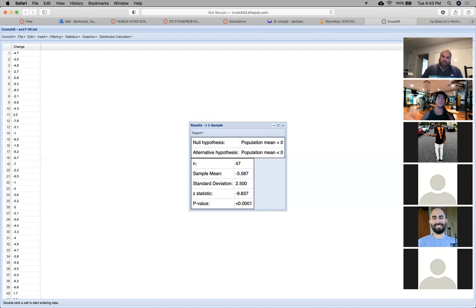Remember, the p-value is predicated under the assumption that the null hypothesis is true. So under that assumption, we got a result so unlikely as to just not be possible, and therefore we will reject the null hypothesis. Make sense?